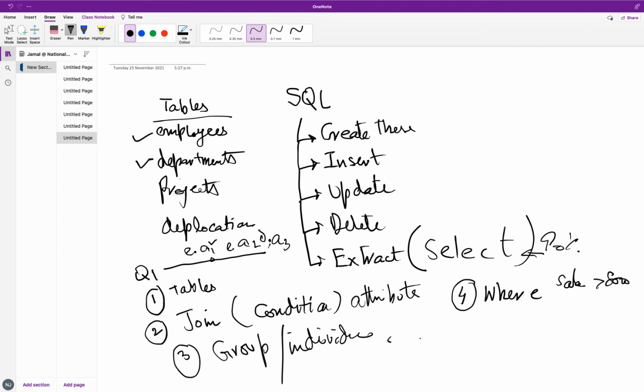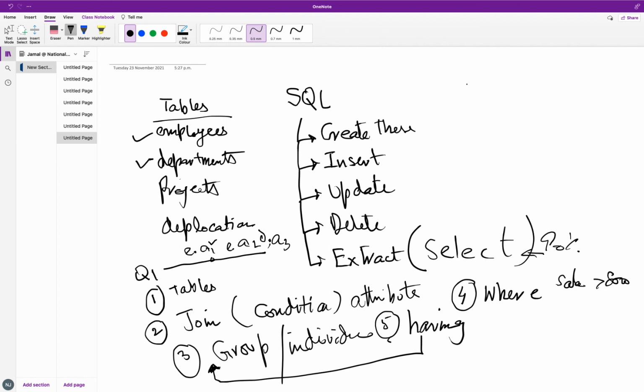It means that now I need a summary, but there is another criteria or condition on that summary. I don't want all departments with their total number of employees. I only require departments having 20 or more employees. It means that I need a having clause. The having clause is quite similar to the where clause, but it is applied on a group.